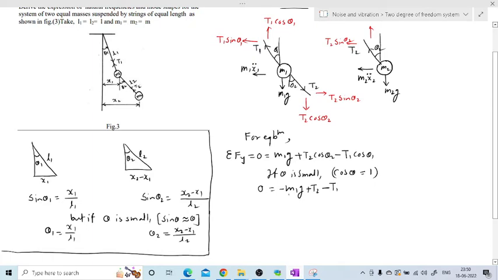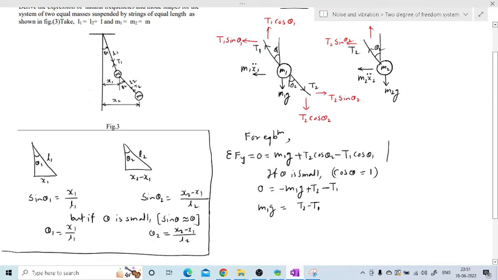So we get m1g is equal to T2 minus T1. Okay, so we got T2 minus T1 is equal to m1g.